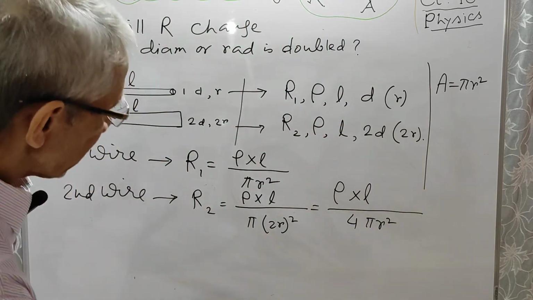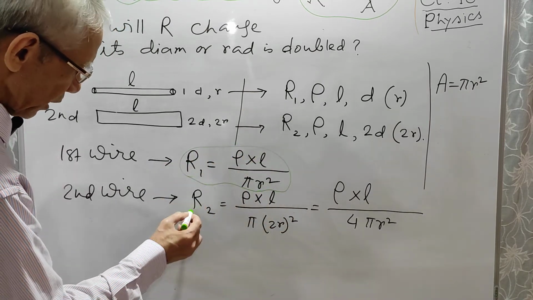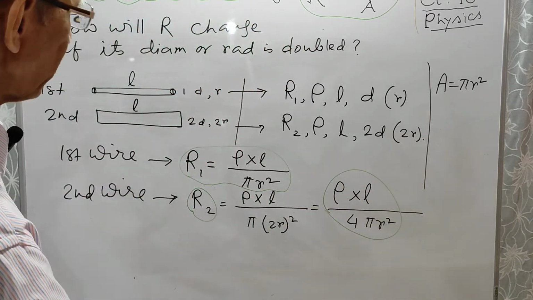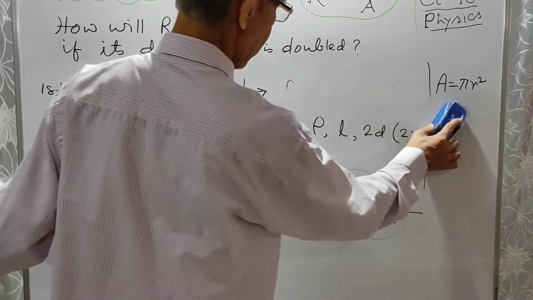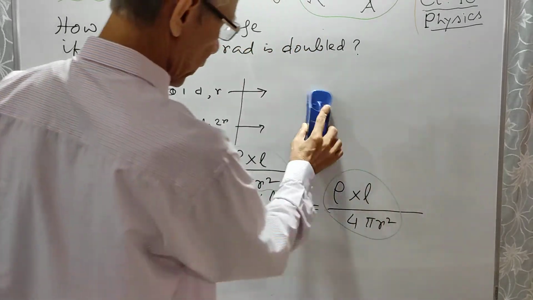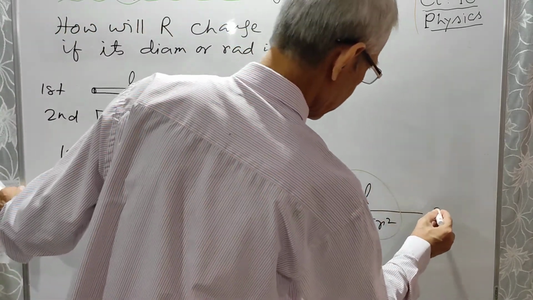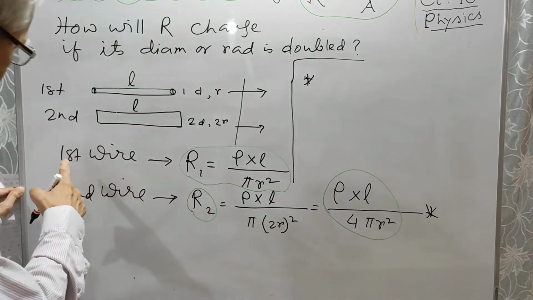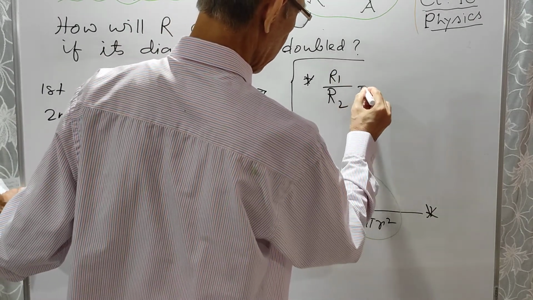All right. So this is R1. Okay, now this is R2. Now we'll divide R1 by R2. So R1 by R2 is equal to what?